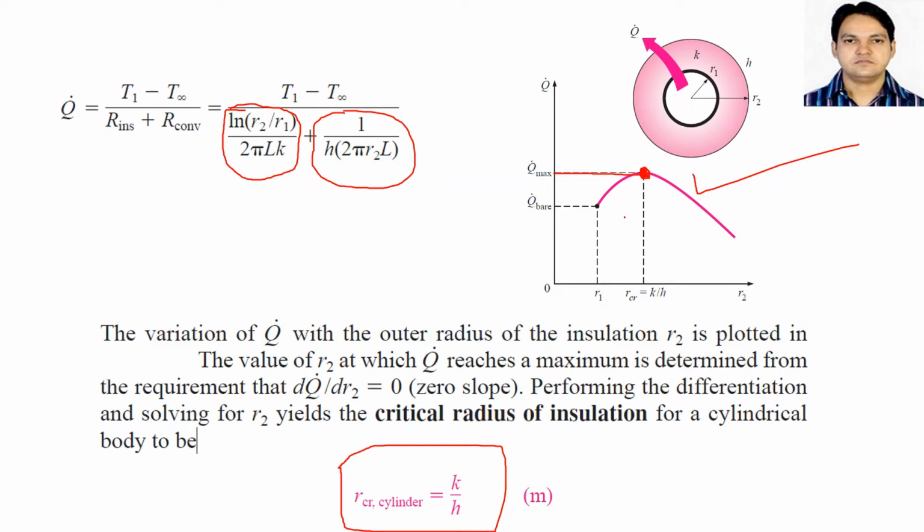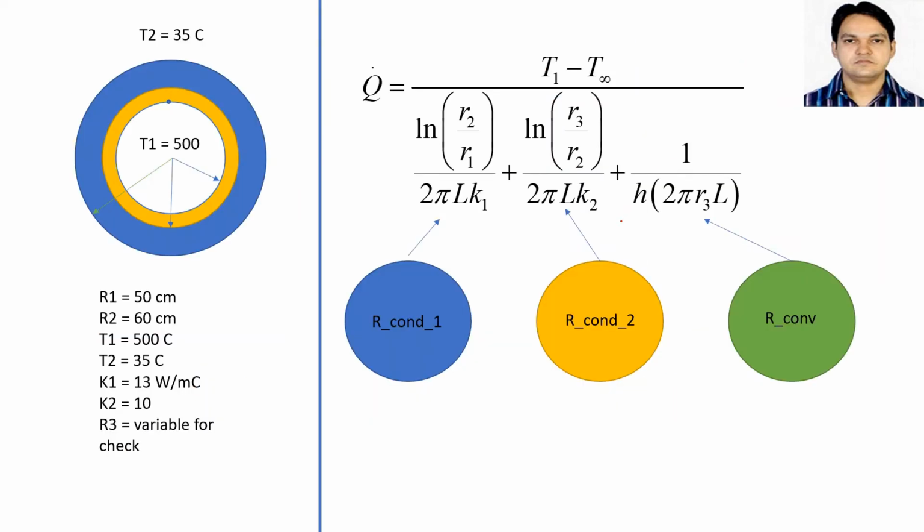Our requirement is that the heat transfer rate should be minimum, so that we can preserve the heat. This is the difference between an electrical system and a thermal system. Let us understand this with numerical values, so that we can plot the different resistance values and conclude what the effect of outer radius on heat transfer rate will be.